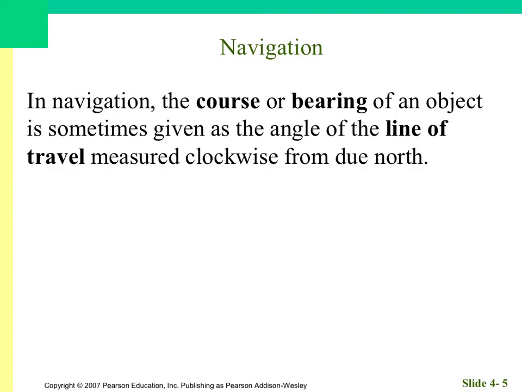In a navigation course, the course bearing of an object is sometimes given as the angle of the line of travel measured clockwise from due north. So even though this is 0 to 180, it goes clockwise for navigation. This is just something to know for word problems.